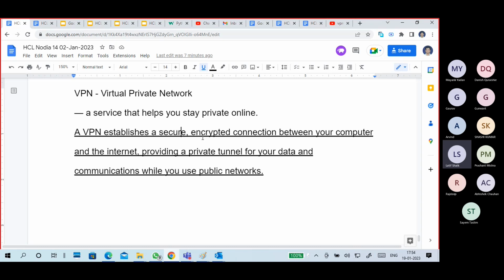VPN establishes a secure encrypted connection between your computer and the internet and provides a private tunnel for your data and communication while you are using a public network. You are accessing your VPN through the public network, through the internet.